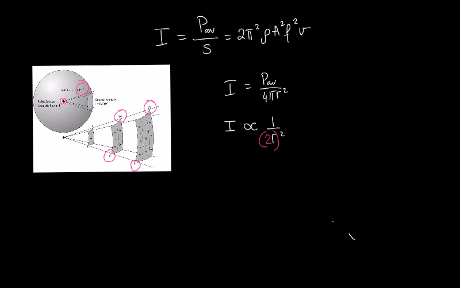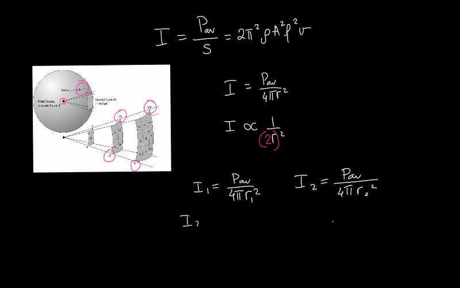So let's write this for the intensity 1, which is average power over 4 pi r1 squared, and then intensity 2 equals, for another sphere, average power divided by 4 pi r2 squared. If we consider these 2 points, let's try to find the ratio.